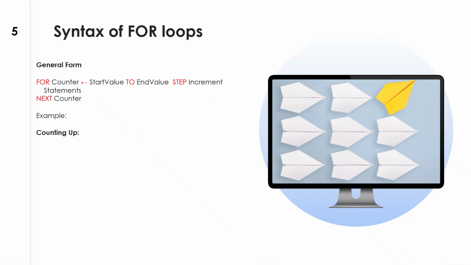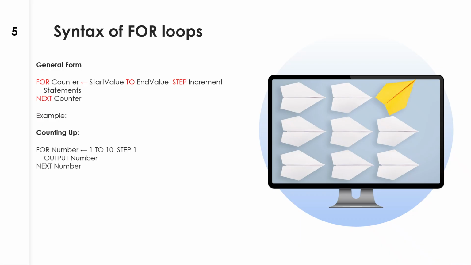For example, if you have to count up, means you have to increment the variable, you can use: for number, which is the name of the variable here that we need to increment, arrow 1 to 10, step 1, output number, and then next number.